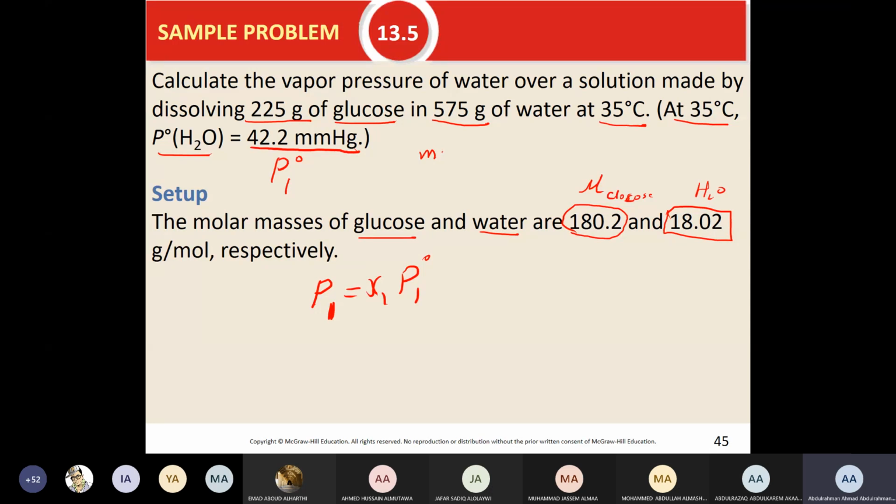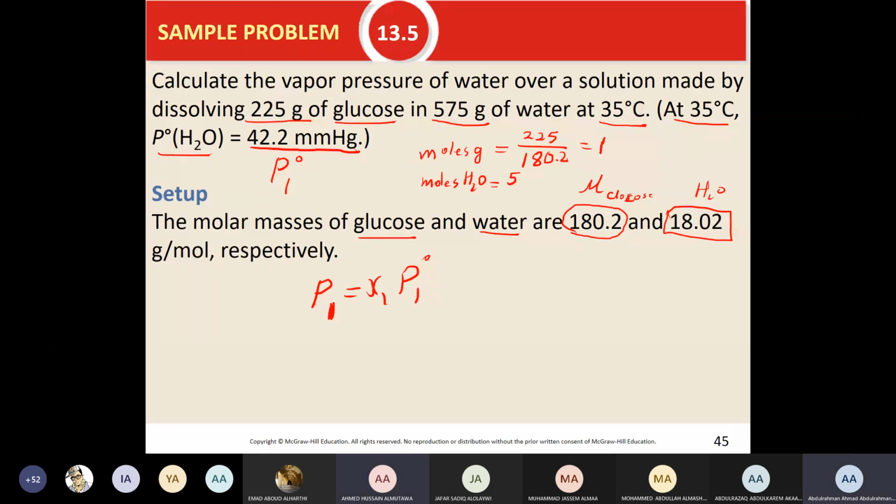So what's the first thing you're going to do? Moles of glucose: mass over molar mass, which is 225 divided by 180.2. The answer is 1.25.